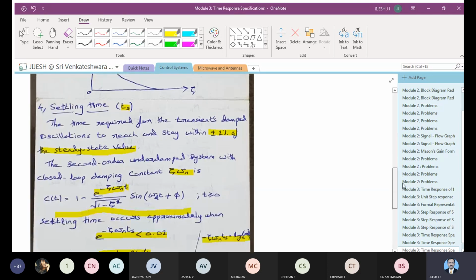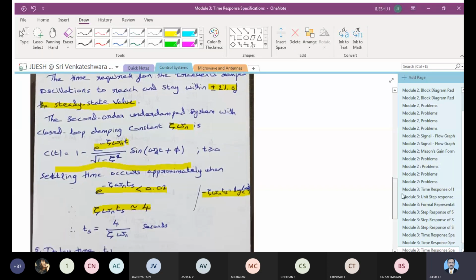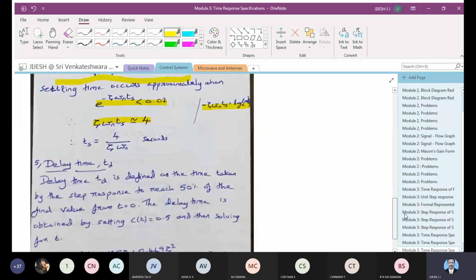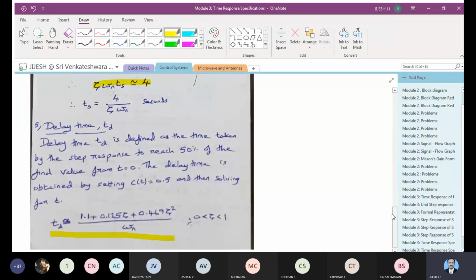Then we did settling time, denoted as TS, and got TS equal to 4 divided by zeta omega n. We just completed the delay time TD, and got the TD equation as well. So we will stop for today and complete the problem in the next class.